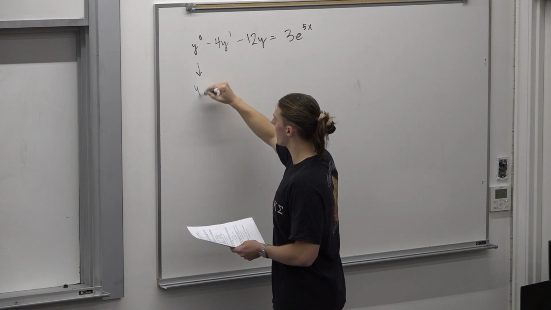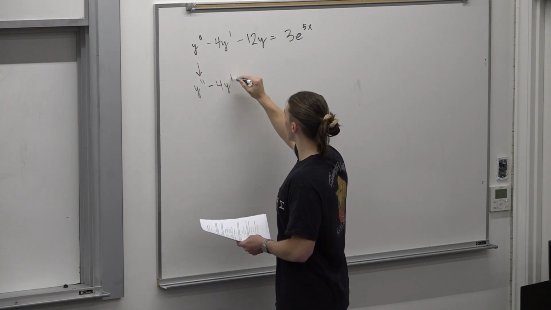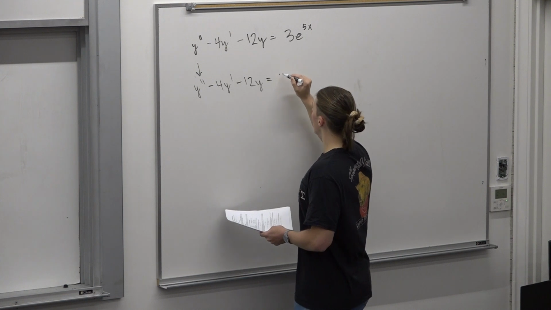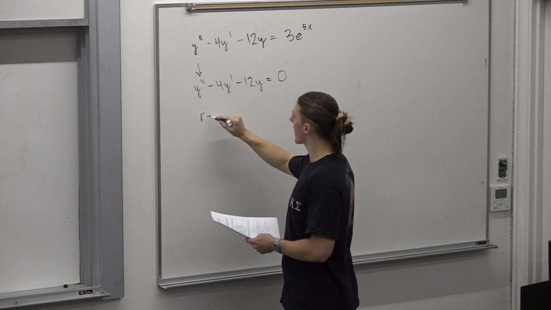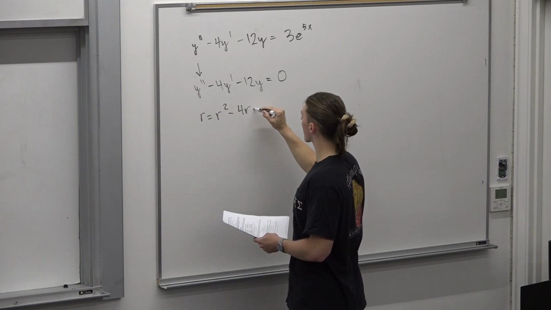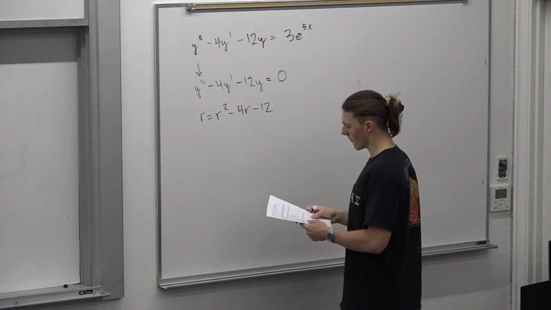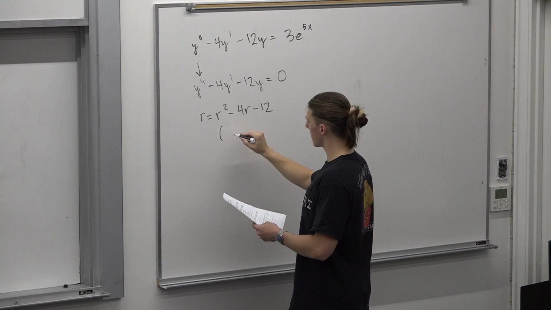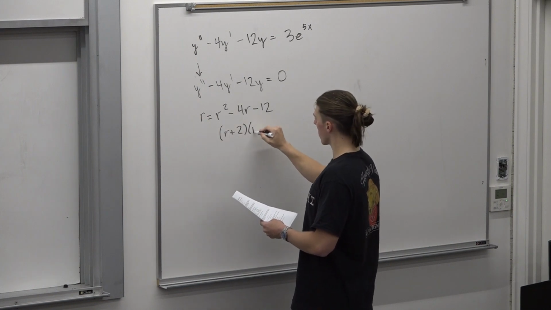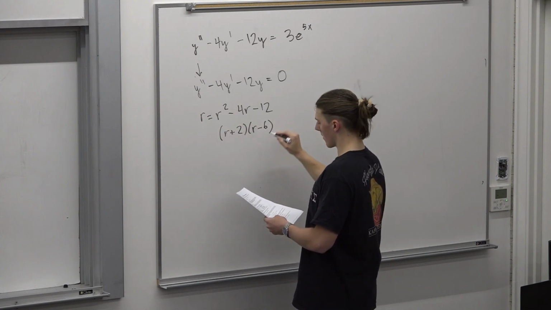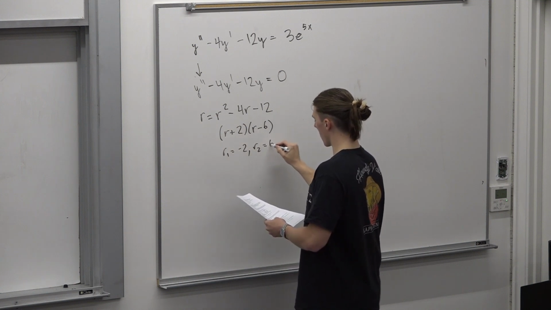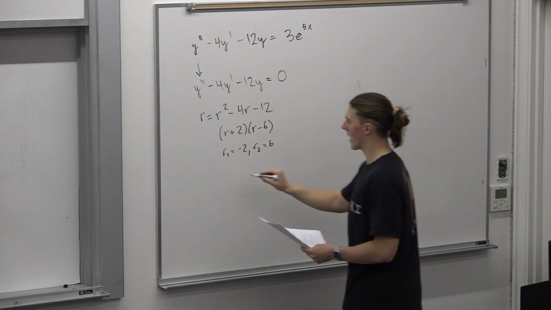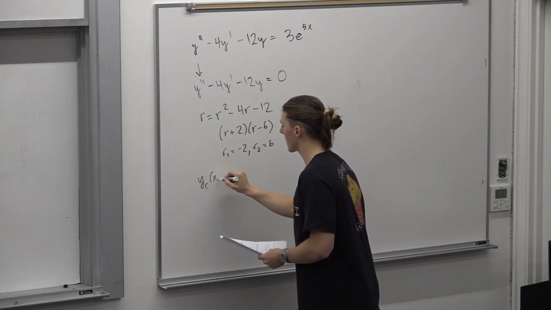So we rewrite this as a homogeneous equation, we get r, and we find our complementary solution, yc of x.